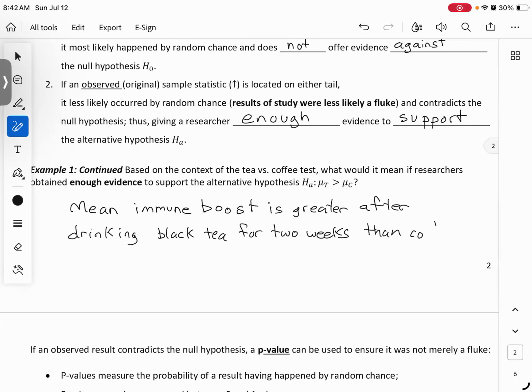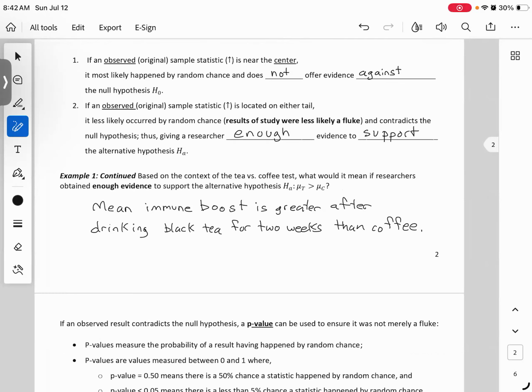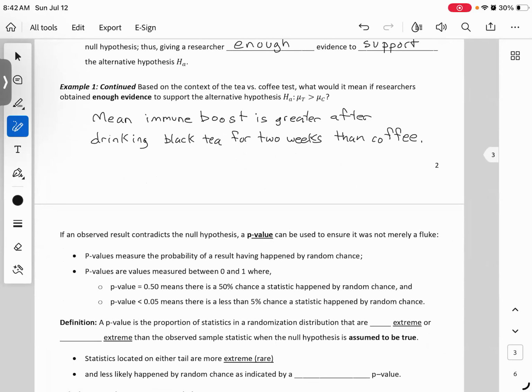That is the big takeaway that they were trying to accomplish by testing tea people versus coffee people. And it seems like they do have pretty strong evidence for that, in that the result was on the side of it maybe not being a fluke.